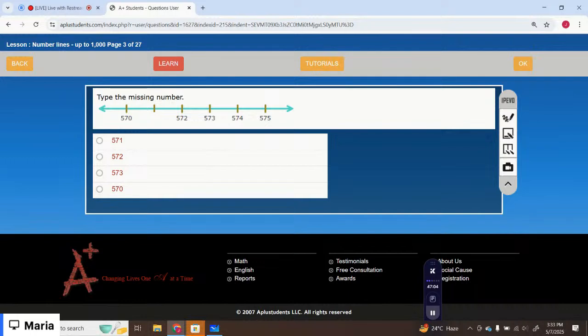Type the missing number. The missing number is 571. Option number 1 is the correct option.